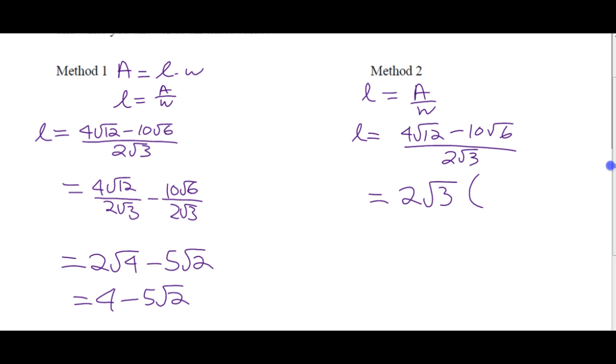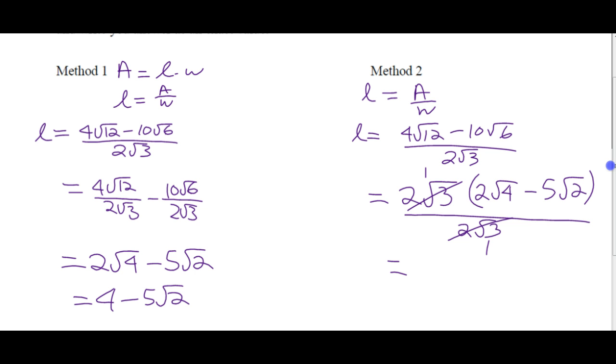So what I'm doing is dividing both of these by 2 root 3, really, right? Now, you can do that without doing the division. Just say 2 times what gives me 4? 2. 3 times what gives me 12? So I'm going to go 2 root 4. Minus 2 times what gives me 10? And 3 times what gives me 6? And that's over 2 root 3. And that's a common factor, and I'm left with 2 root 4 minus 5 root 2, which is 4 minus 5 root 2.